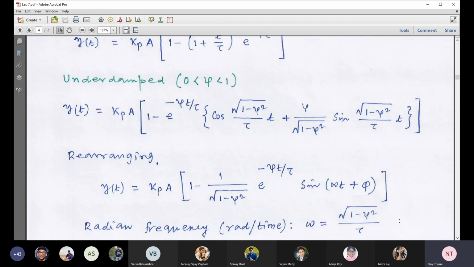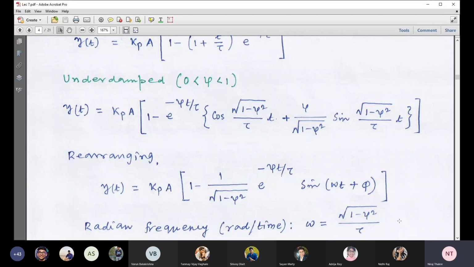So those 2 terms are also given. Let us define these 2 terms.